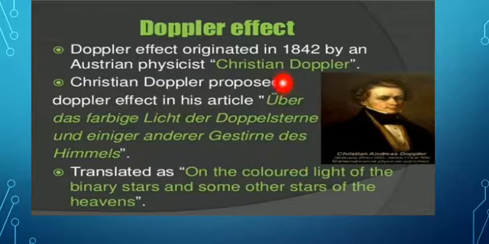Translated, the title means: on the colored light of the binary stars and some other stars of the heavens. This is the exact meaning of this sentence. Okay students, so Doppler effect was discovered by Christian Doppler.